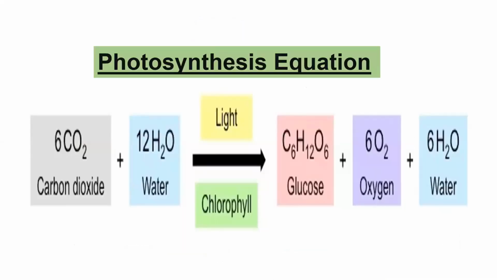Next, this is the chemical equation which takes place when photosynthesis is occurring in the cells of the plants. In this process, as we have already discussed, carbon dioxide and water molecules combine together in the presence of sunlight and chlorophyll to form glucose as a food material, and the byproduct, oxygen gas, is produced, which is released into the surrounding environment.